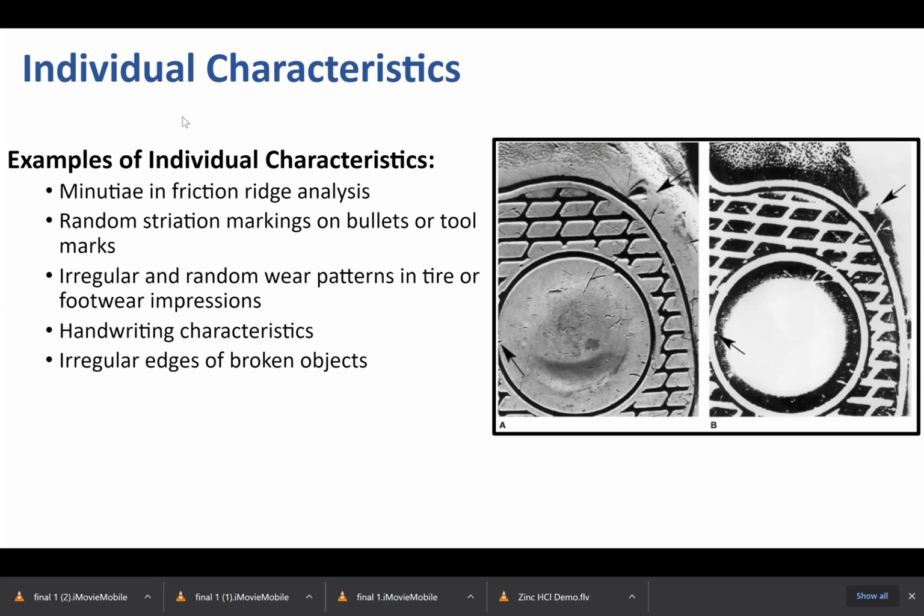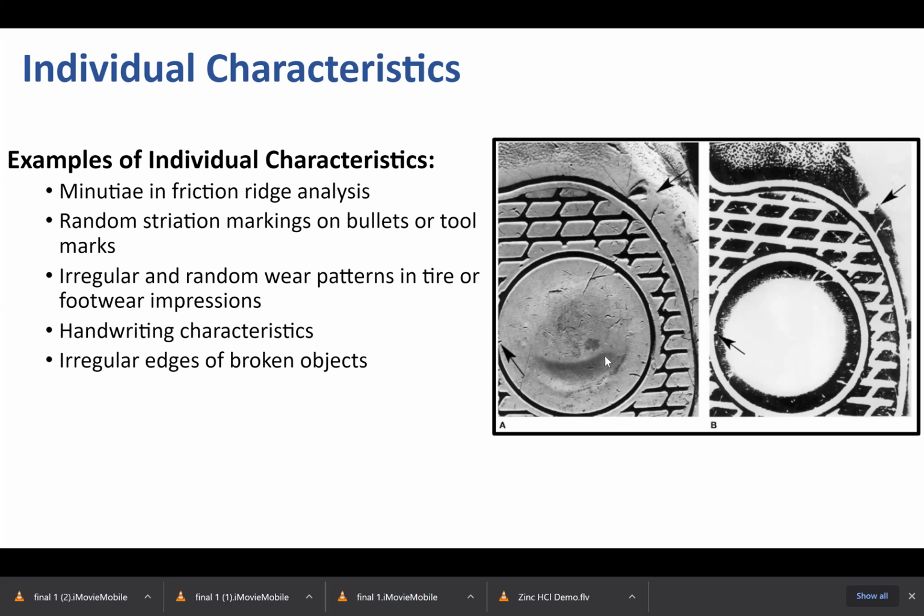As we go here, individual characteristics. Examples of individual characteristics are minutiae in friction ridge analysis, random striation marks on bullets or tool marks, irregular or random wear patterns in tire or footwear impressions, like we were talking about with the sneaker before, handwriting characteristics, or irregular edges of broken objects.